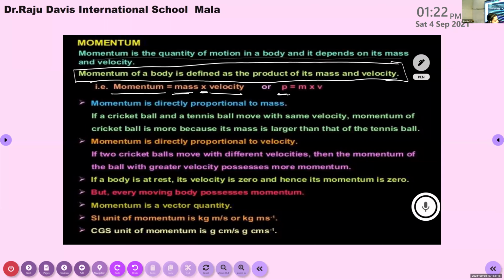Then Hira, which is the letter used to represent momentum? Ma'am, P. P is equal to M into V. Yes, P is equal to M into V.